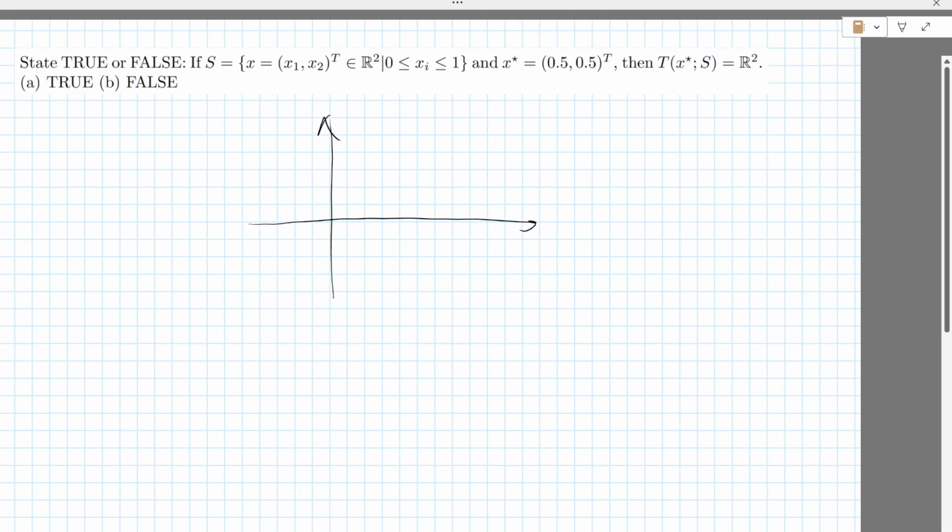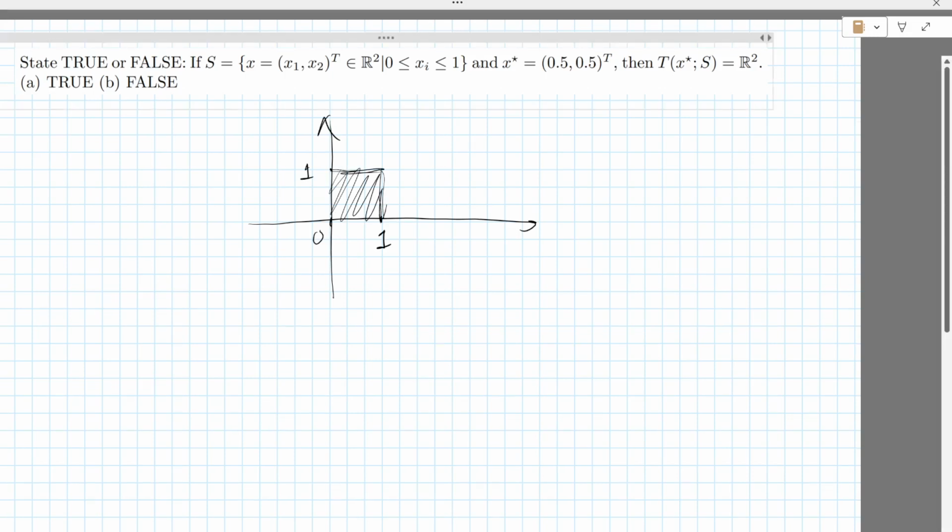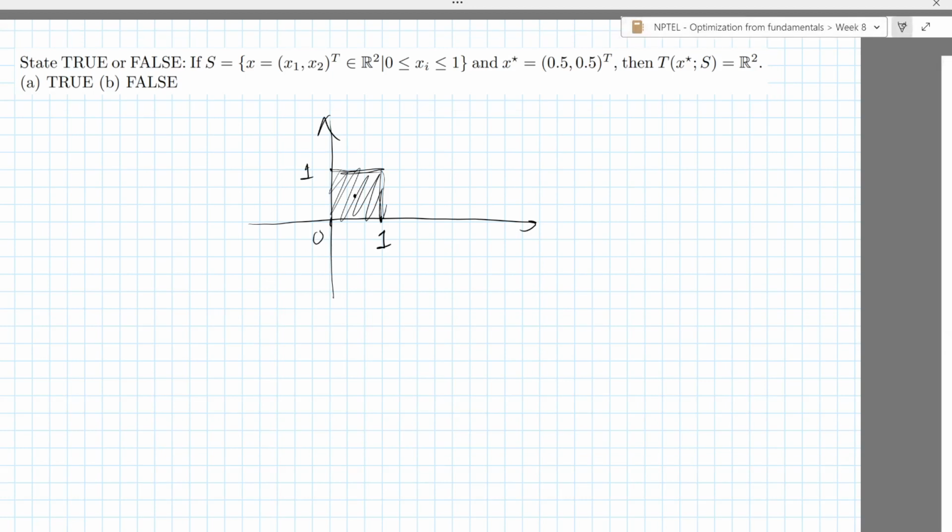X is between 0 and 1, so the set is something like this, between 0 and 1. And my point is this point. This is my x star.